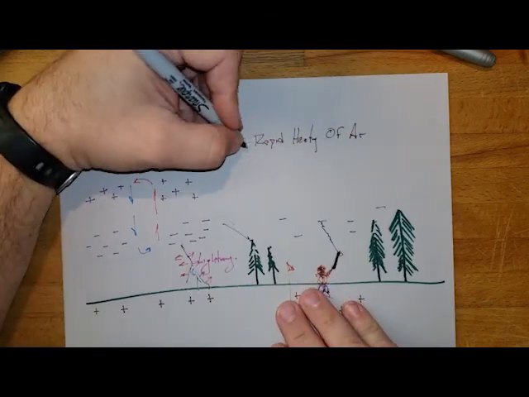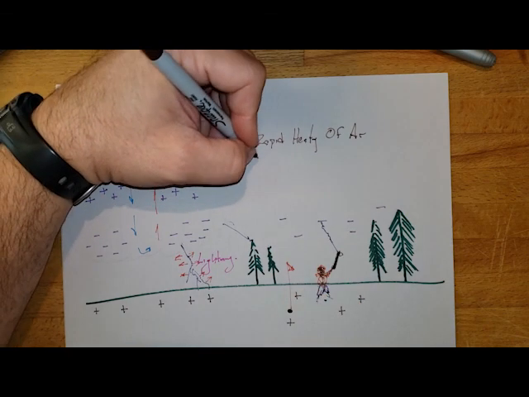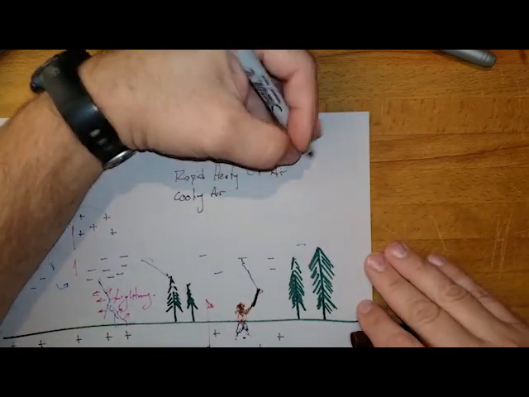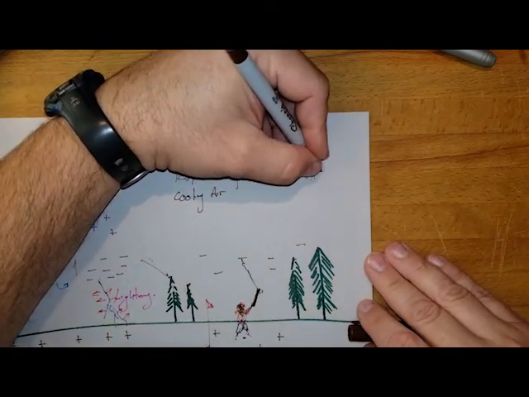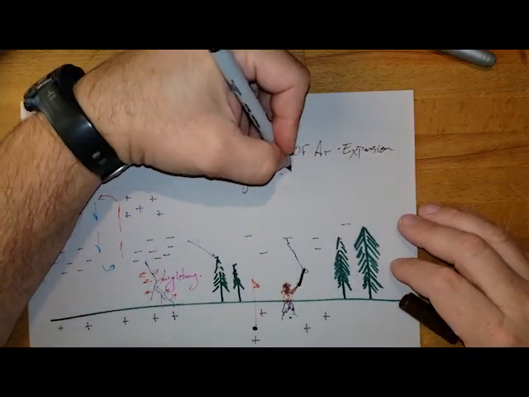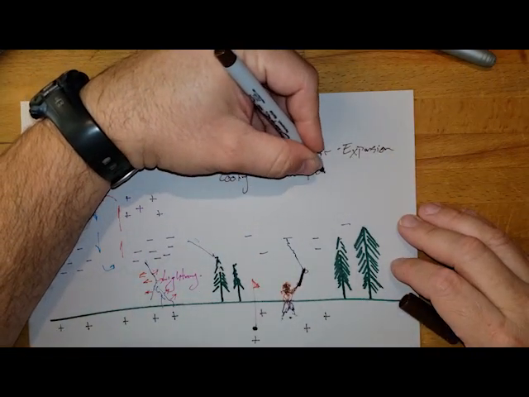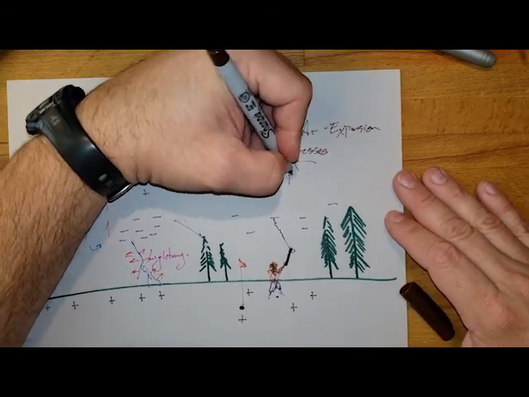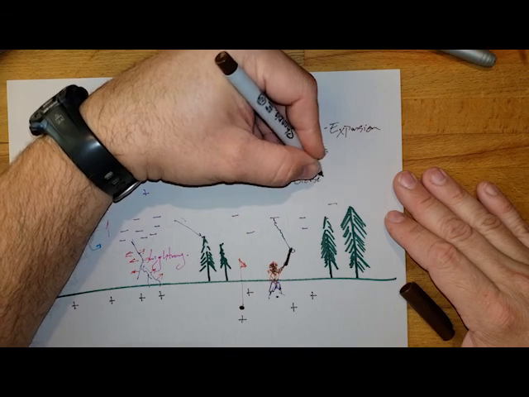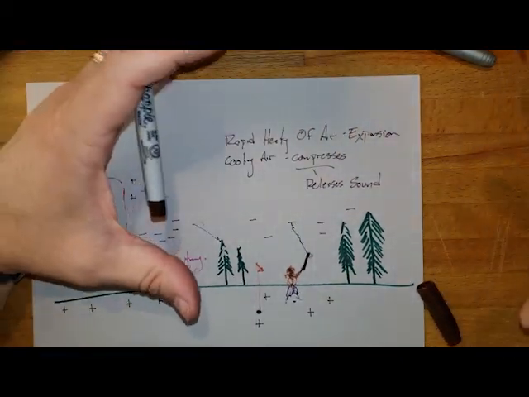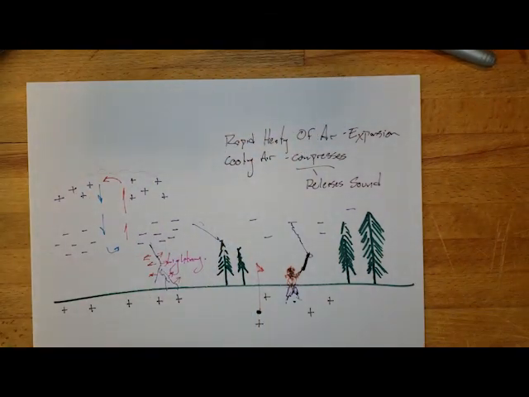And again, that energy source is going to be going away, and so cooling air. This will be causing expansion. The cooling air compresses. And as that cooling air compresses, it releases sound. Now, as that cooling air releases sound, it makes a rumbling sound that we know as thunder.